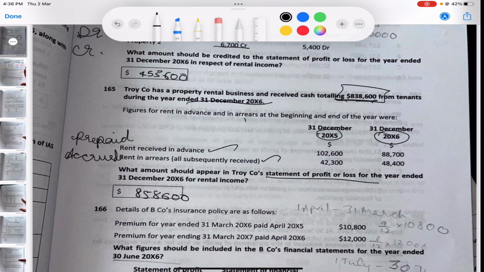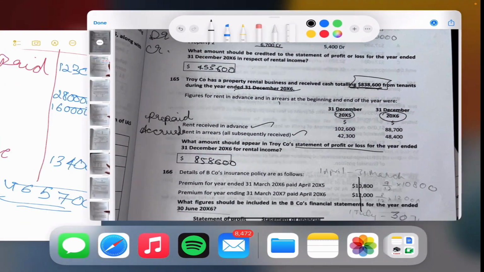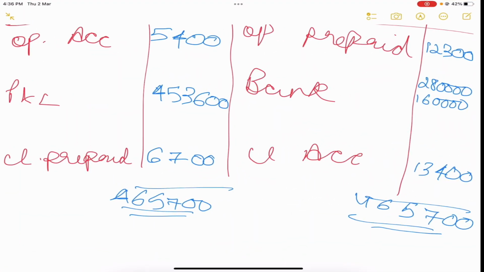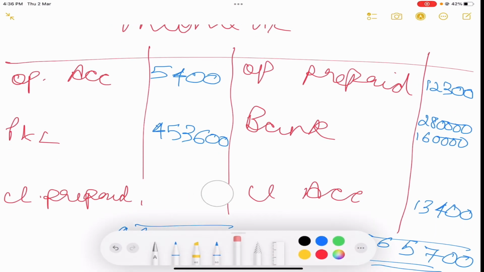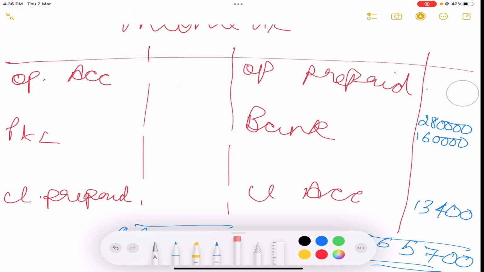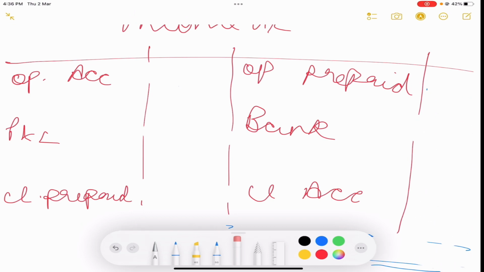Again, just like how we did it in the previous question, we need to make an income account and put the values and then we'll be getting the answer. So I think you are smart enough to do it by yourself. The format remains the same. Just put the values directly and you will get the answer. You can check it with me.